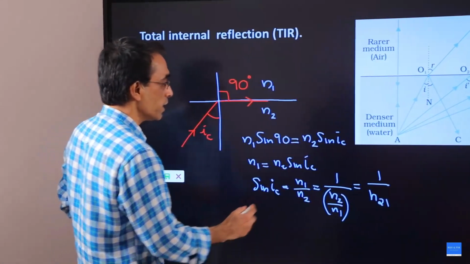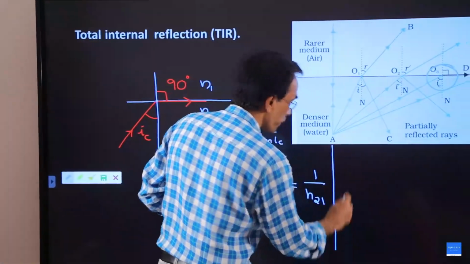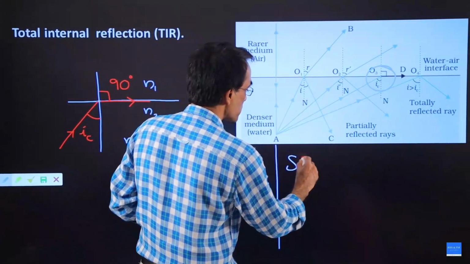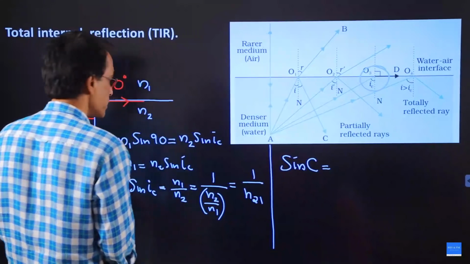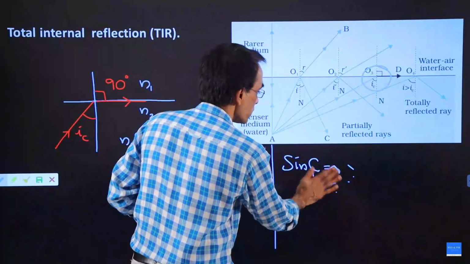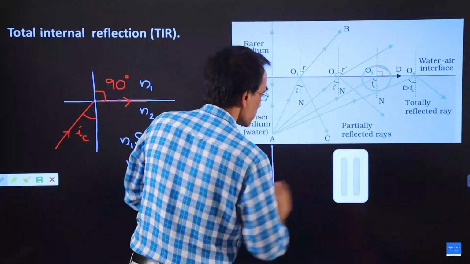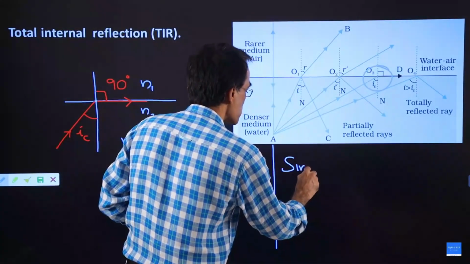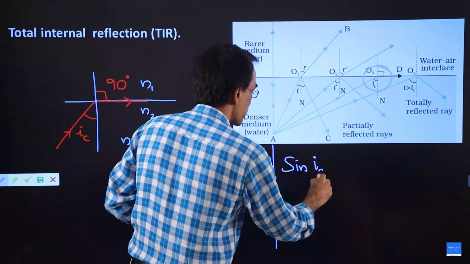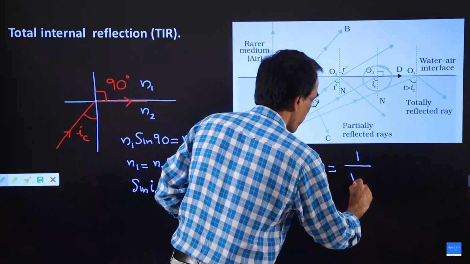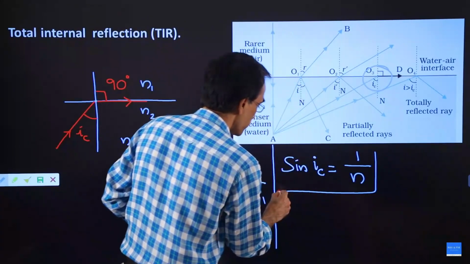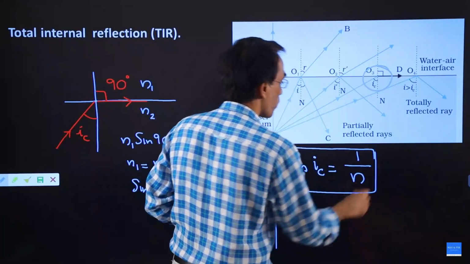What is the equation? For any pair of media, sin IC, the sin of the incident critical angle, is given by 1 by n.